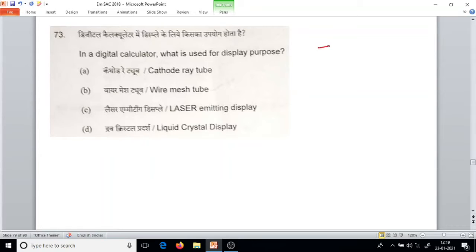That is normally a TFT display used in our phones. But in a calculator, they use liquid crystal display, LCD display. Where do they use the cathode ray tube? This is used in the CRT oscilloscope, cathode ray oscilloscope.